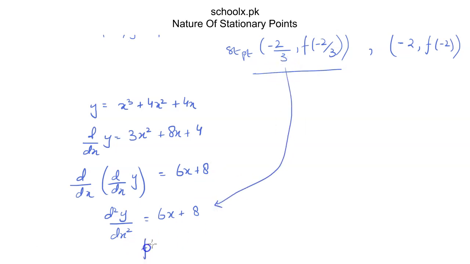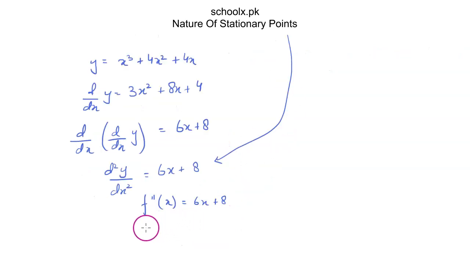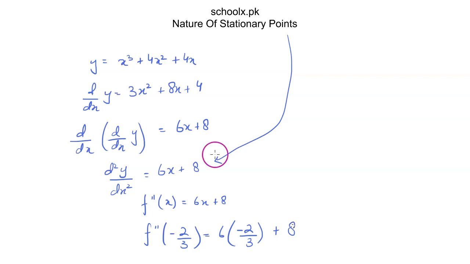With x equal to negative 2 by 3, 6 times negative 2 by 3 plus 8 gives positive 4.